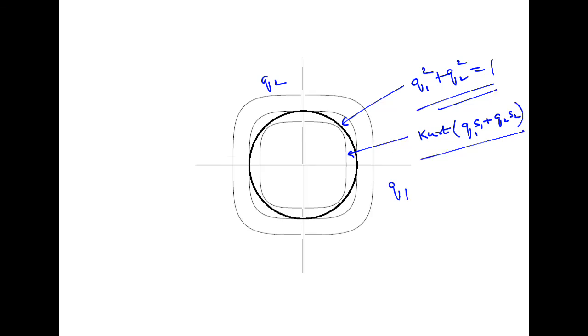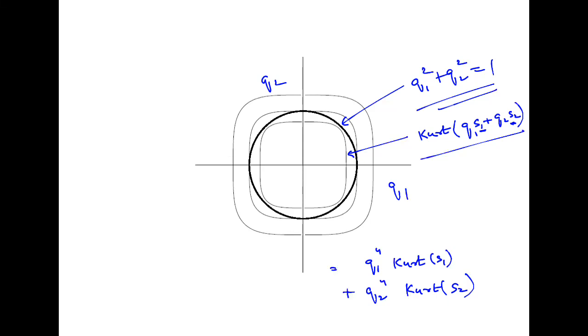When we are choosing the weight vectors, we are combining them in this way. S1 and S2 are independent of each other, so I can write this as nothing but Q1 to the power 4 times the kurtosis of S1 plus Q2 to the power 4 times the kurtosis of S2.